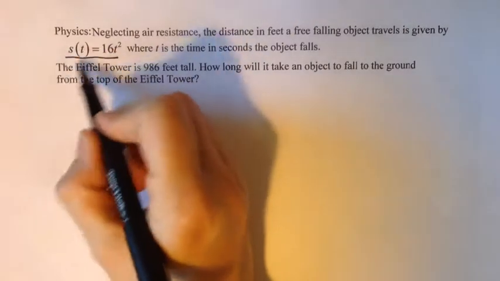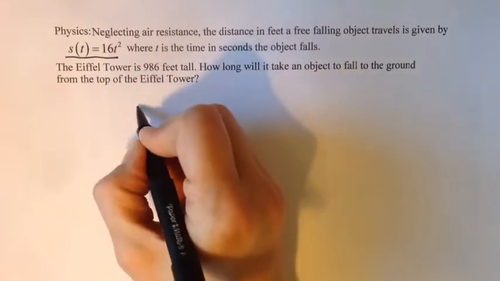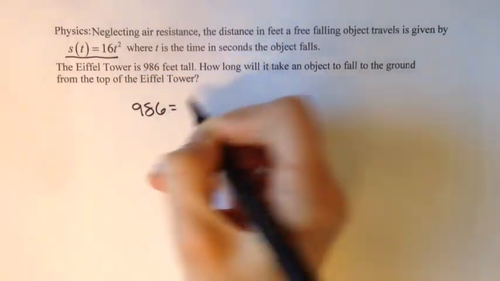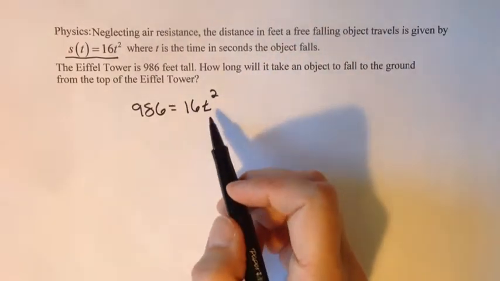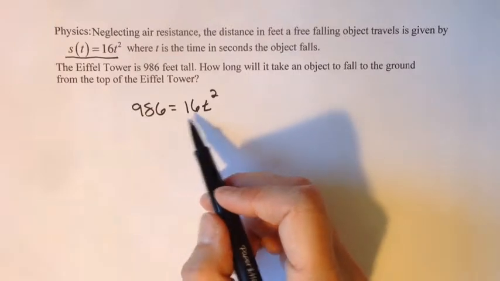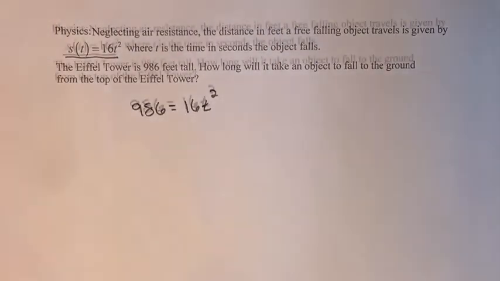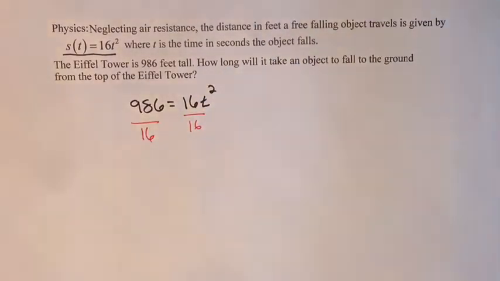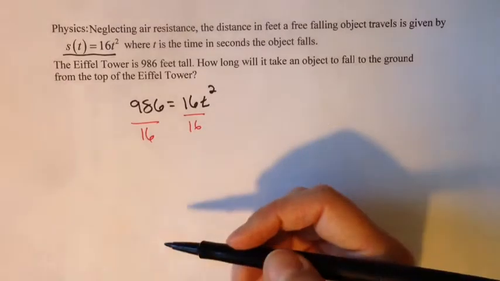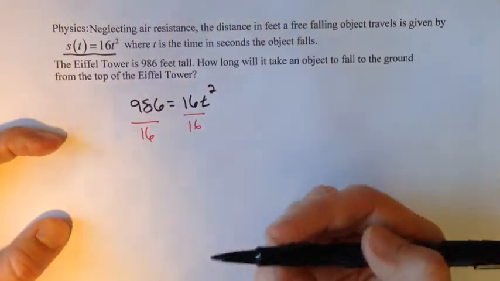Now, the distance here is my output, so I'm going to put 986 in for the distance. I don't know what the time is, but I can solve this for t. I'm going to start by dividing both sides by 16 to get the t squared by itself. Now, I know that my ultimate answer is going to be in seconds, and I'm probably going to want a nice decimal approximation anyways.